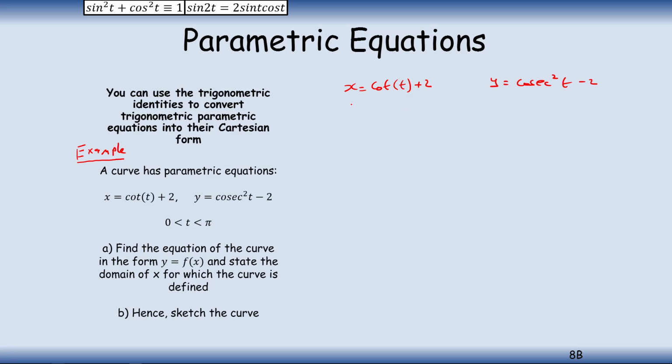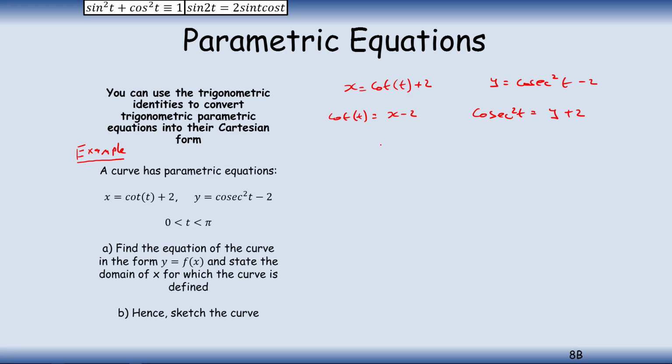So that means cot t is equal to x minus 2. We're rearranging it, because if I can get cot and cosec, I'm trying to think where there might be an identity I can use to help me. And then I've got cosec squared t is equal to y plus 2.